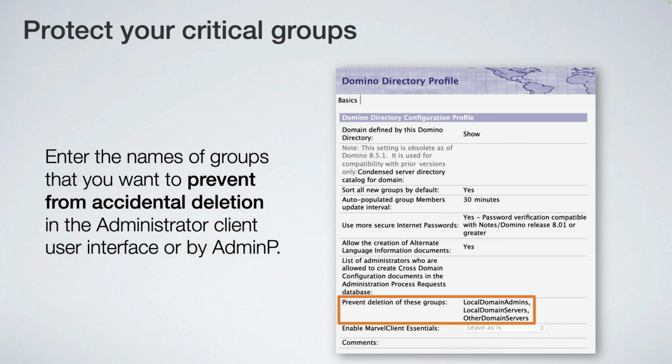So if you have groups that should be protected and cannot be deleted by a simple delete in the view, you can put names of these groups into the Domino directory profile that is listed on the screen. And by default, there are these well-known groups, LocalDomainAdmins, Servers and OtherDomains, and you can add your groups, and they are protected from deletion by accident.